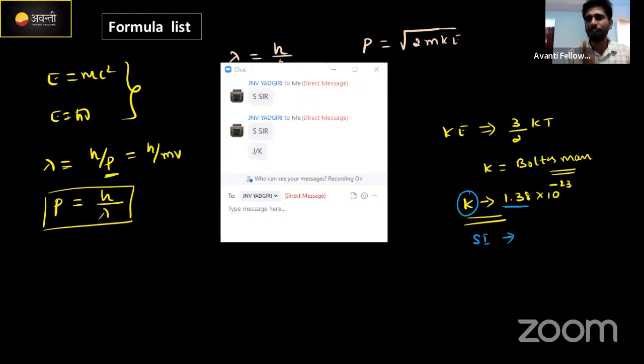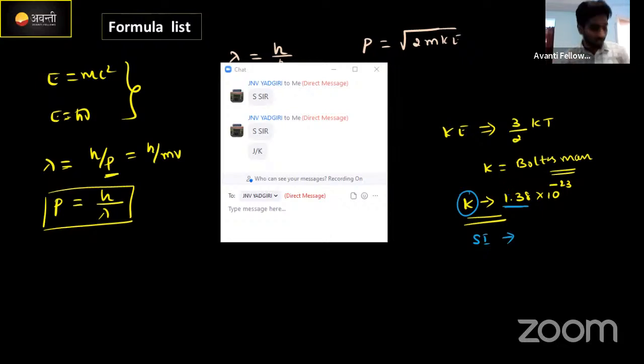Correct now? Definitely 2 formulas they are going to ask. They are going to bring those formulas from the chapters mechanical properties of fluid and heat and thermodynamics. Because in these 2 chapters, the formulas are different. You can't write directly, you can't immediately write. That's why they are going to take from those 2 chapters. Try to focus on the 2 chapters to write the SI unit.